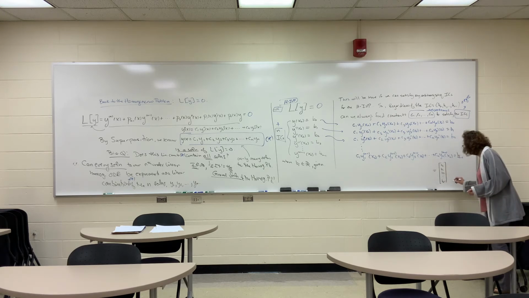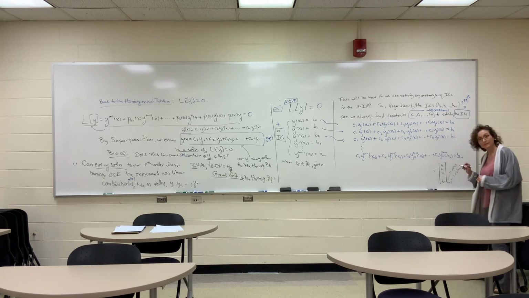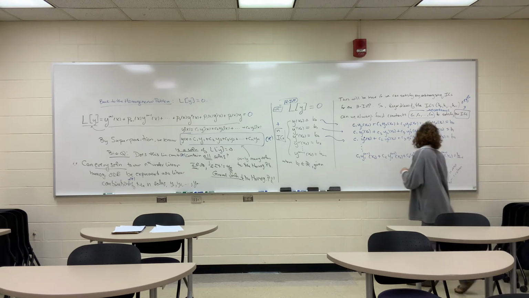How many rows does it have? N, because we're starting at 0. N rows, and one column.